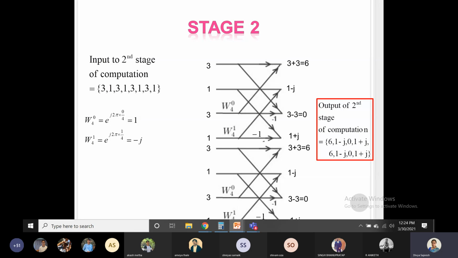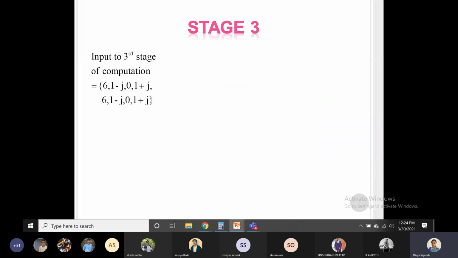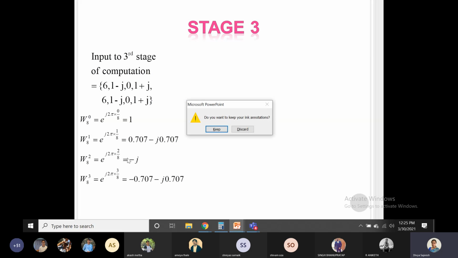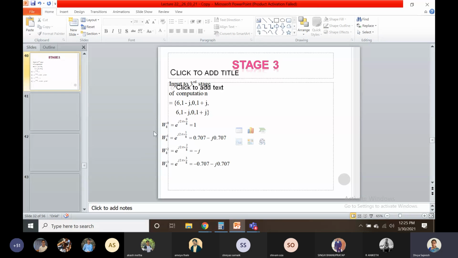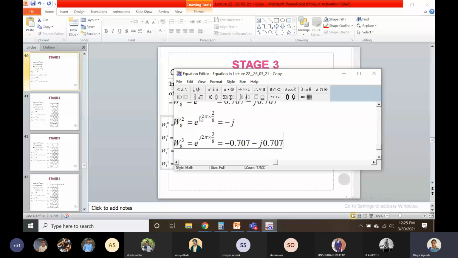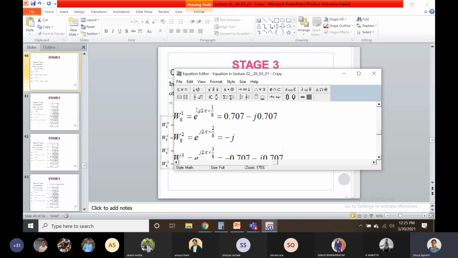Now this output will serve as the input for the next stage. The input for the third stage of computation will be the same thing you carry forward from the second stage. The same mistake is here also, that minus is missing. Everywhere that minus should be there.